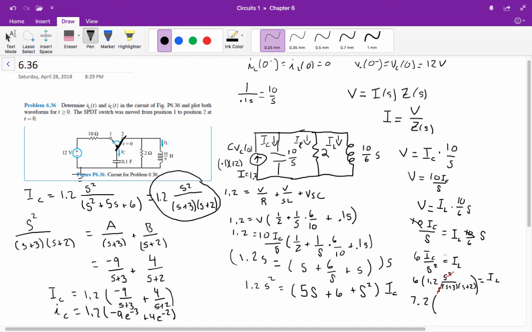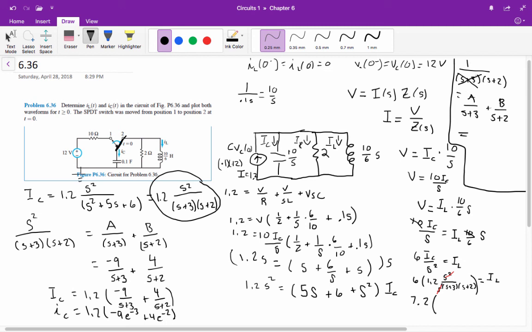Now over here, let's write this right here, so I have 1 over s plus 3 times s plus 2. That equals a over s plus 3 plus b over s plus 2. To figure out a, I'm going to plug negative 3 into this without the s plus 3.